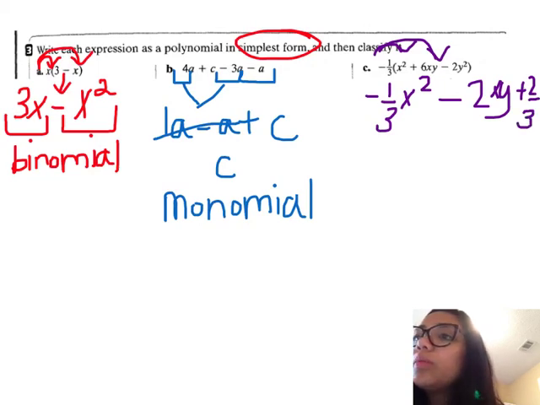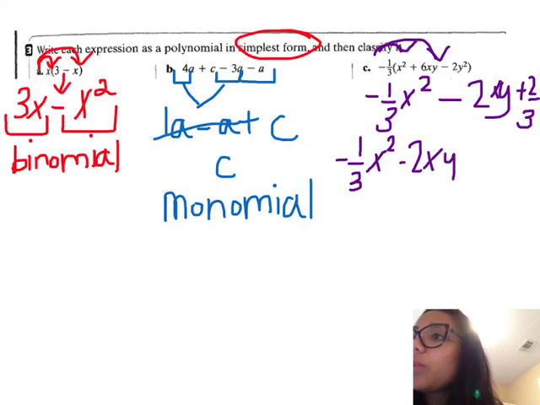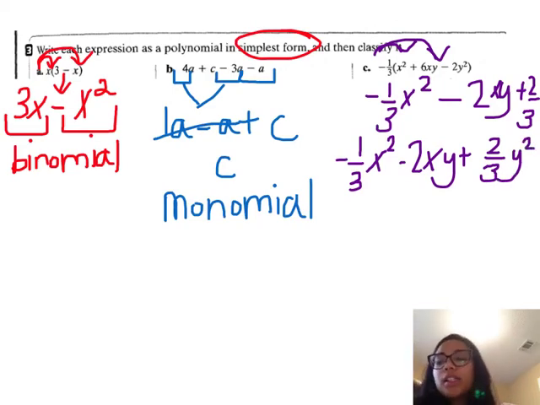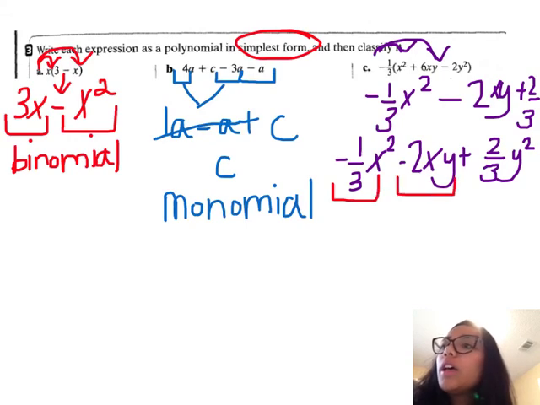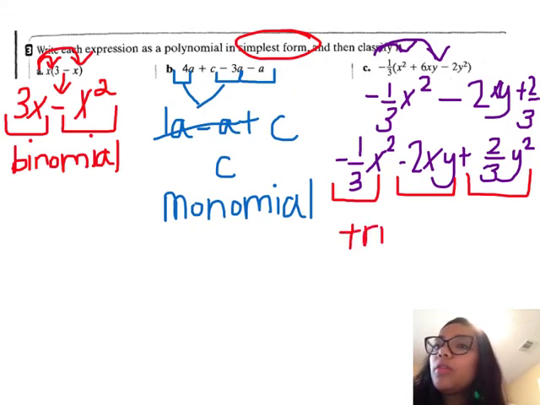I ran out of room. 1/3 x squared minus 2xy plus 2/3 y squared. Now, I skipped a few minus and adding steps, but this is what you should have got. And even if you got the wrong minus and plus signs, we can go over that tomorrow. The most important thing is that you can recognize if this is a polynomial or not. And it is. And then there's 3 of them, so it's a trinomial. Oops, I spelled it wrong. Trinomial.